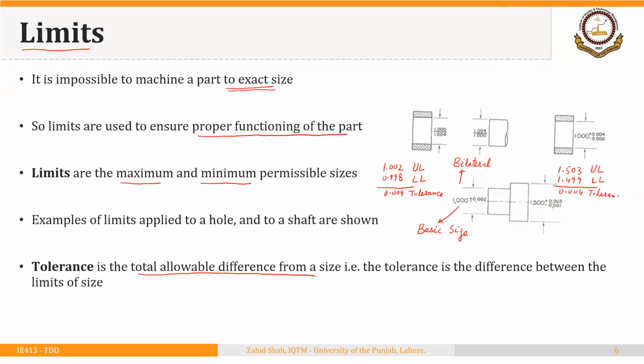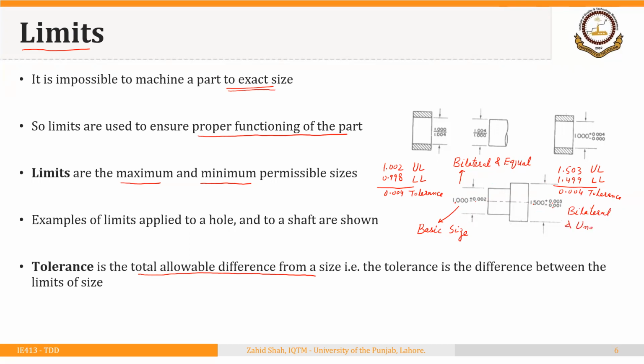Now the difference in both cases is that here the tolerance is bilateral as well as equal. So amount of variations allowed from the basic size is equal in both directions. But here the tolerance is bilateral, but it is not equal.